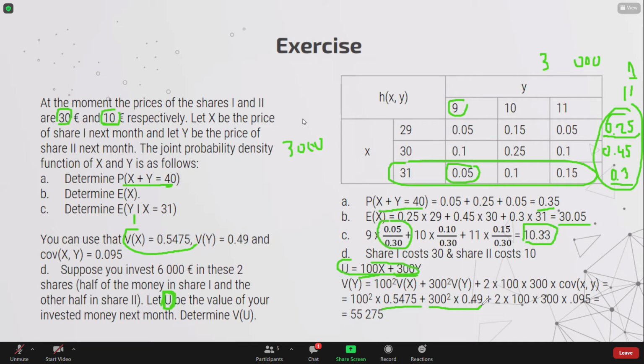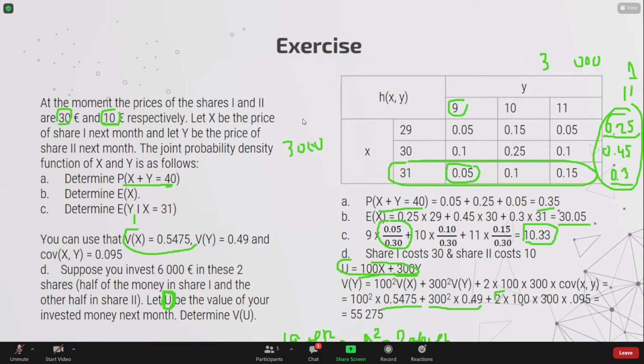But the formula here is exactly the same as the formula (A plus B) to the power of 2. That is A to the power of 2 plus 2AB plus B to the power of 2. We already have here A to the power of 2 and B to the power of 2.